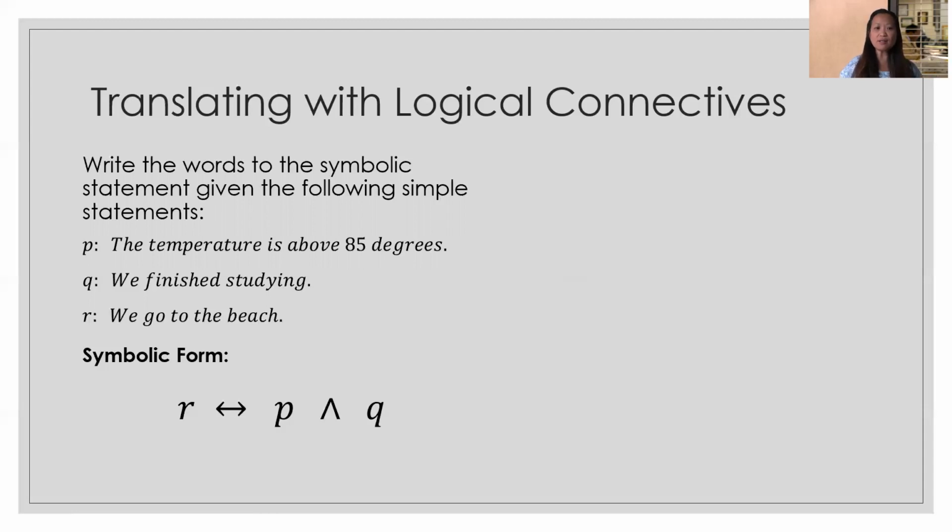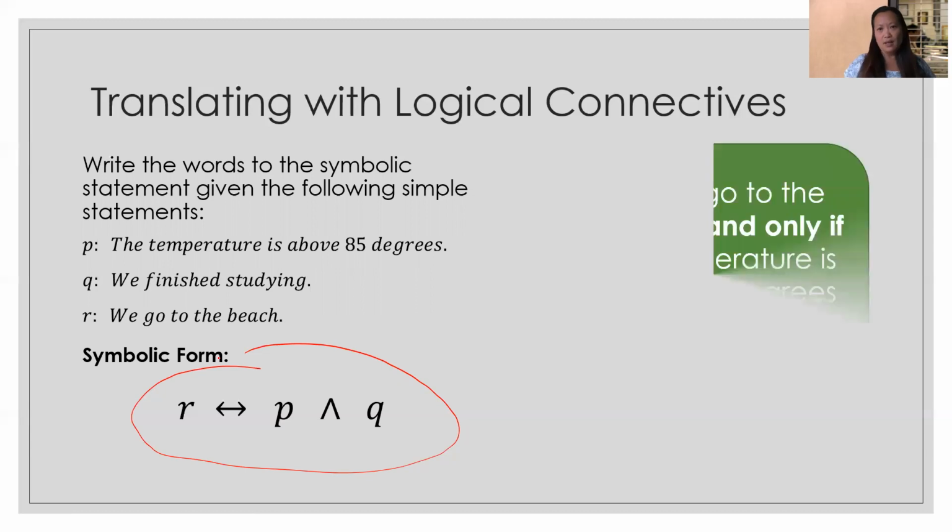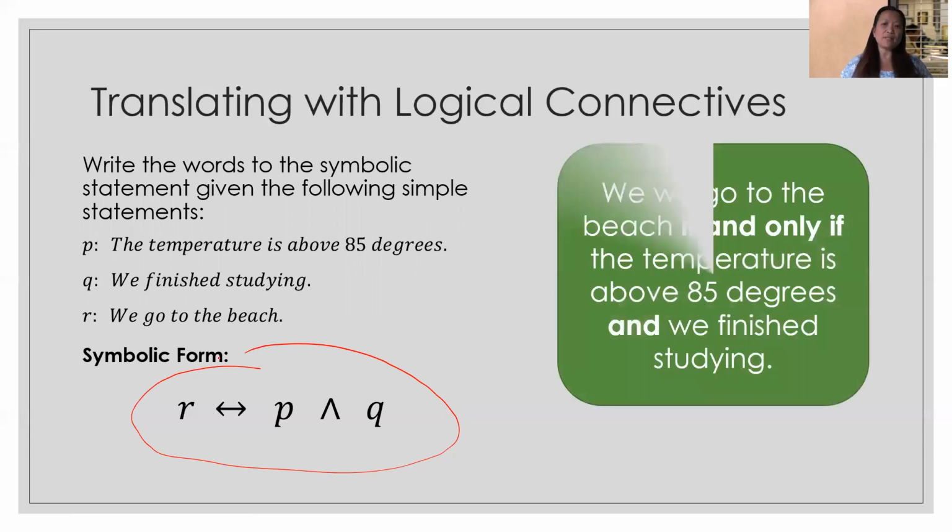So how do you translate that symbolic form right here into words? And yes, we would say we will go to the beach if and only if the temperature is above 85 degrees and we finish studying.